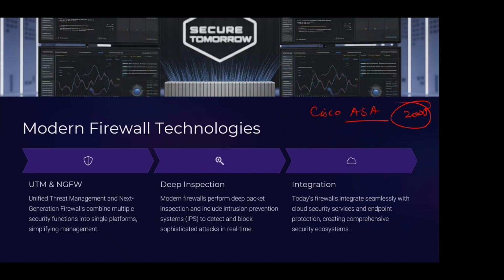But a major transition in firewall types is the next generation firewall. That is the modern firewall technology. Next generation firewalls are the latest evolution, with deep packet inspection, application level inspection, and intrusion prevention. So these are more intelligent. There is deep packet inspection up to layer 7.